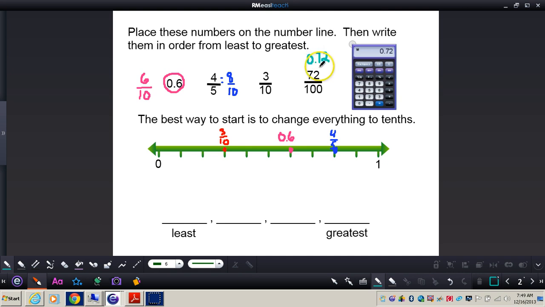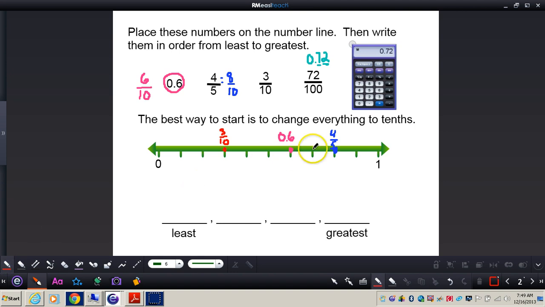Whenever we have a number falling in the hundredths or thousandths, we need to look at that very first number. That's a 7 there, which represents 7/10. So right here on my number line is going to be 7/10. Now we have 2 hundredths, so that means our 72 hundredths is going to go slightly to the right of that 7/10 mark.